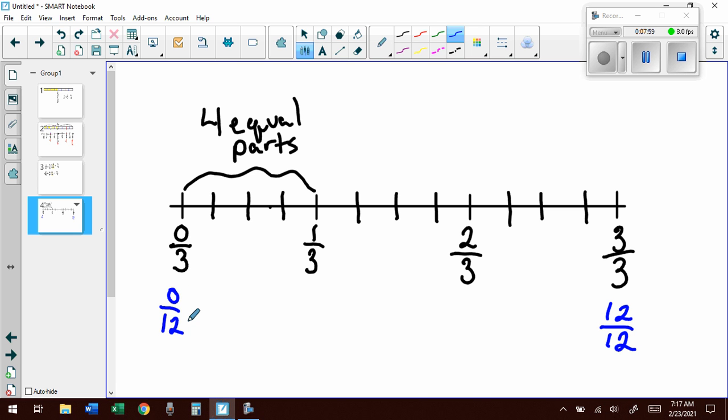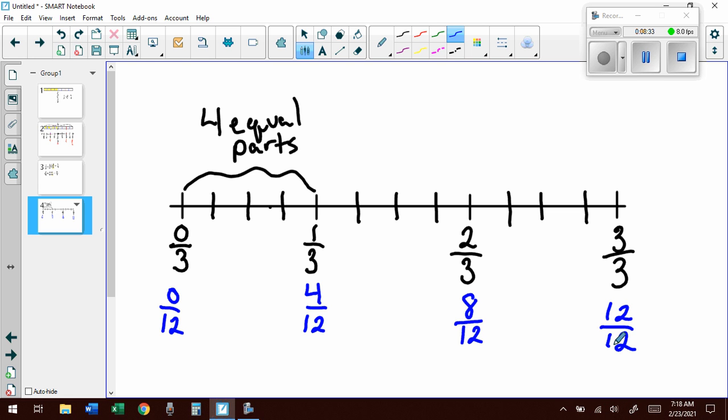And now if we go to find equivalent fractions, we have 1/12, 2/12, 3/12, 4/12, 5/12, 6/12, 7/12, 8/12, 9/12, 10/12, 11/12, and 12/12.